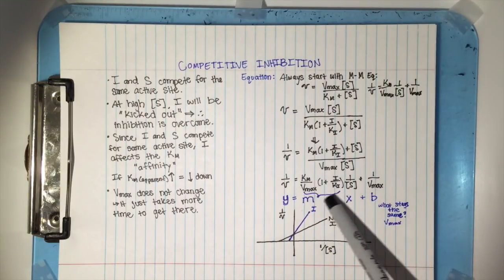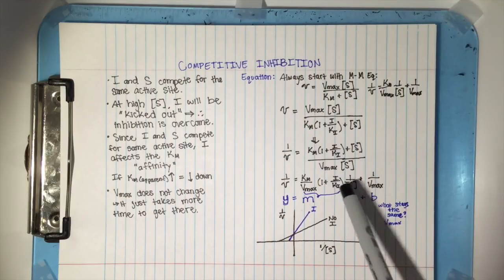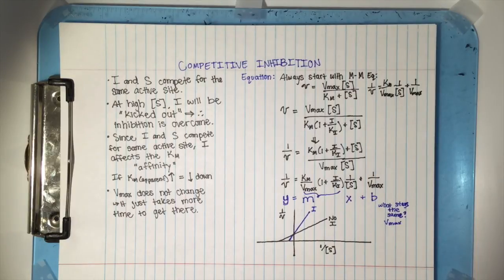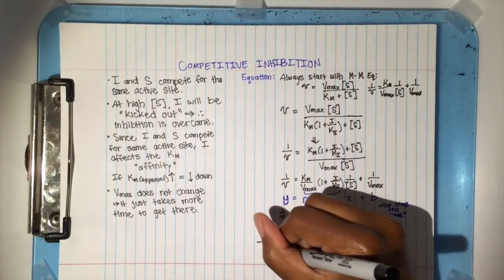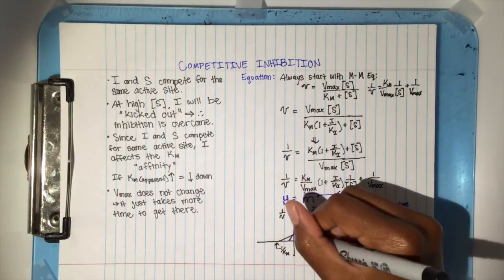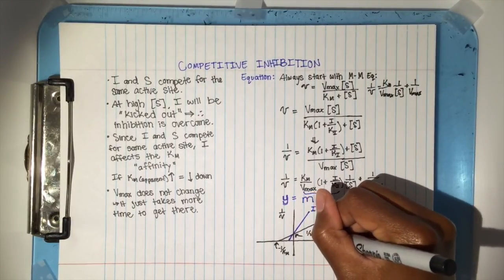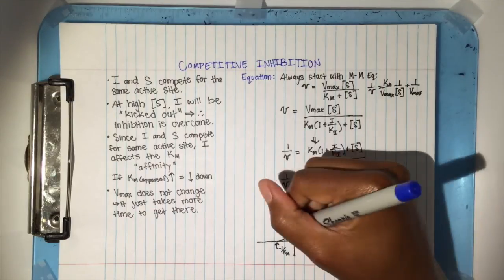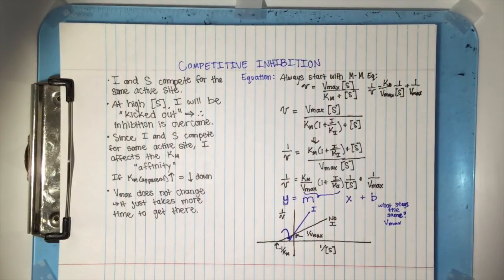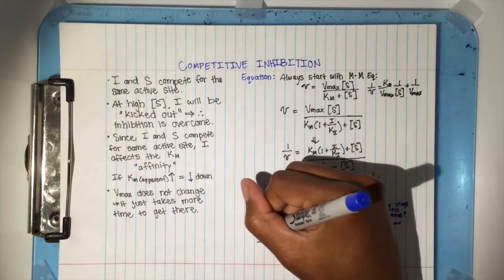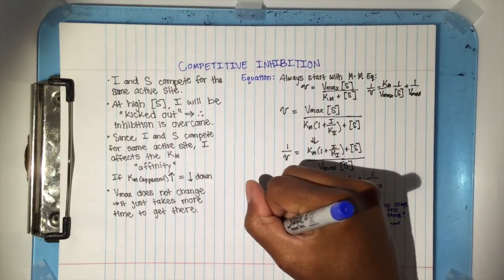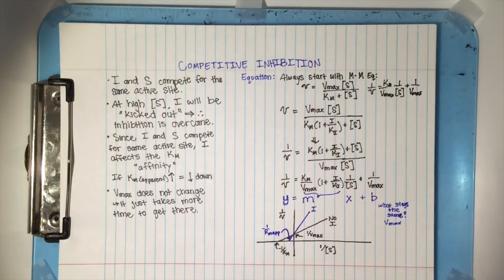We can then see that the slope is Km over Vmax times 1 plus I over Ki, and now we can also go ahead and label our points, and so that's negative 1 over Km there. There is 1 over Vmax, and similarly for our inhibitor, that point is negative 1 over Kmap, and then we also see that the Vmax stays the same.